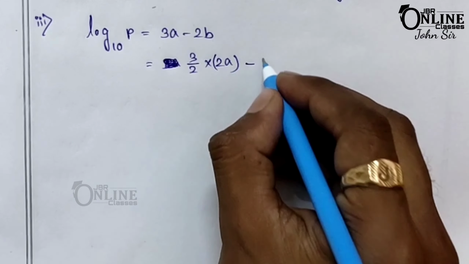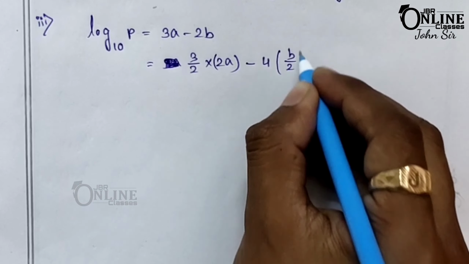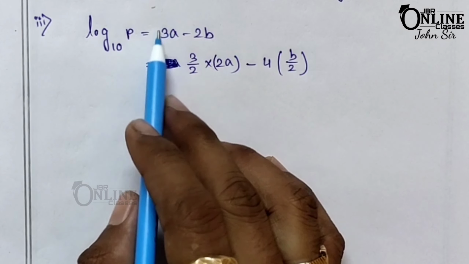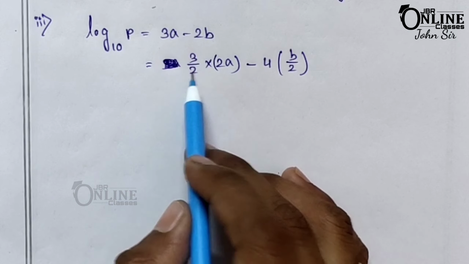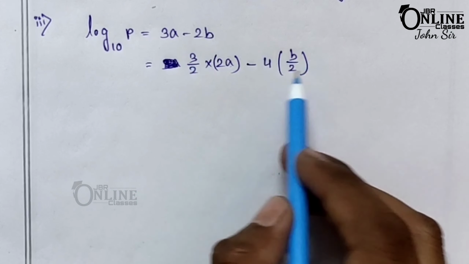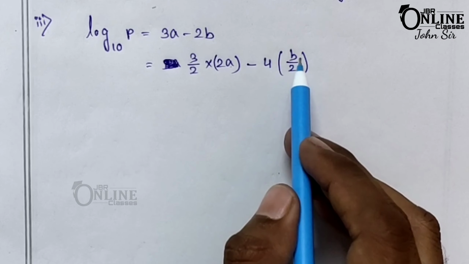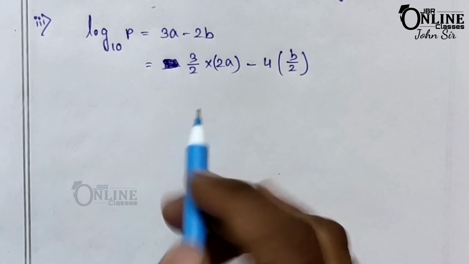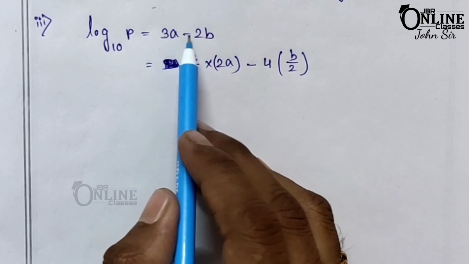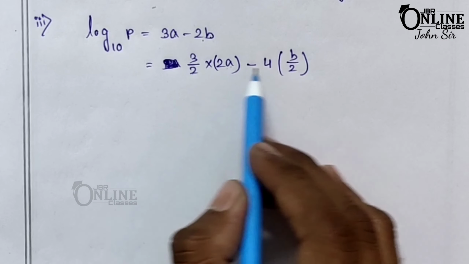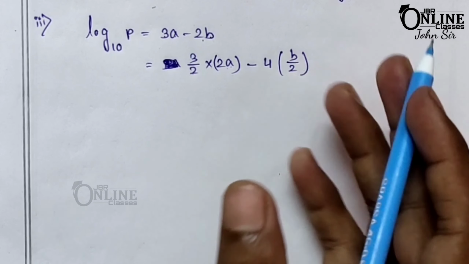And 2b, you can write as 4 into b by 2. Here I just change the form, 3a written in this way, 3 by 2 into 2a, and 2b in this way, 4 into b by 2. 2 and 4 will be cancelled, you will get again 2b. Now as here 3a minus 2b is given, I change it into 3 by 2 into 2a minus 4 into b by 2. Why?